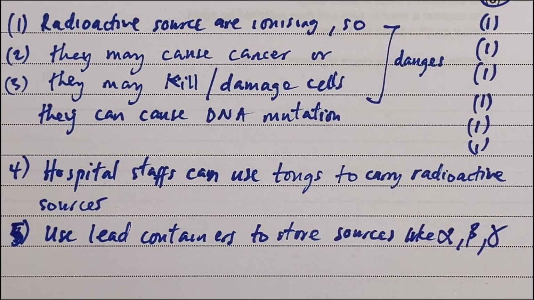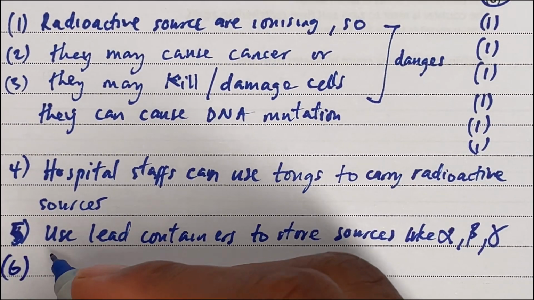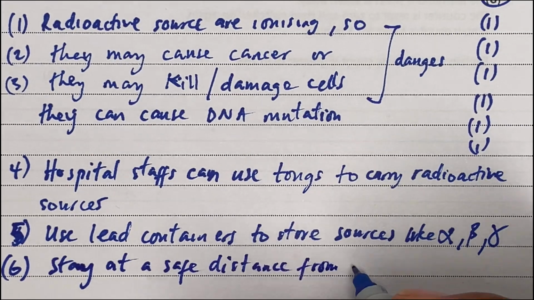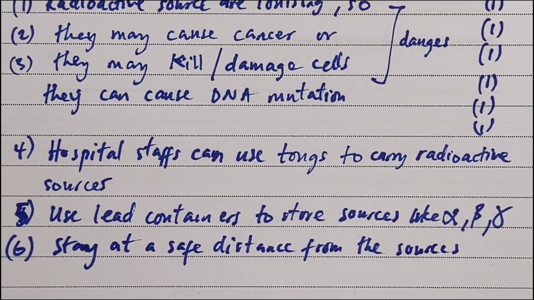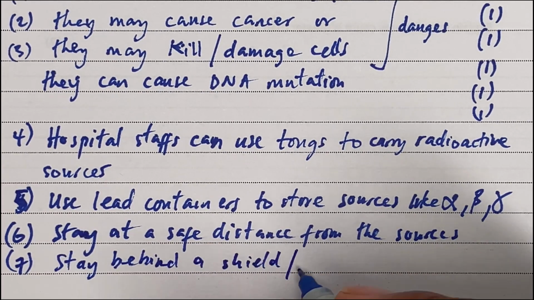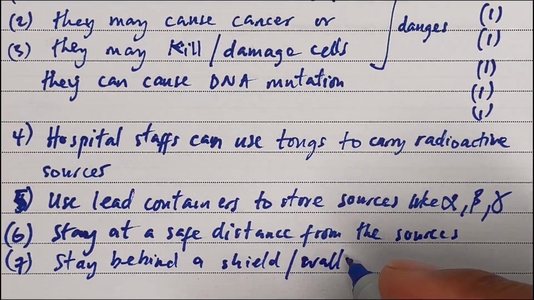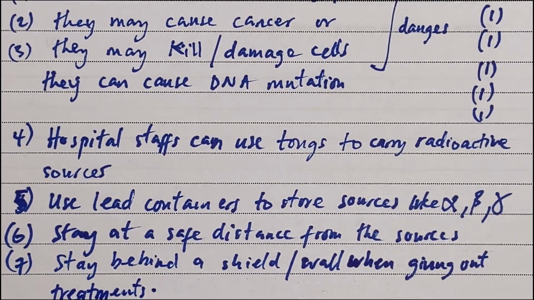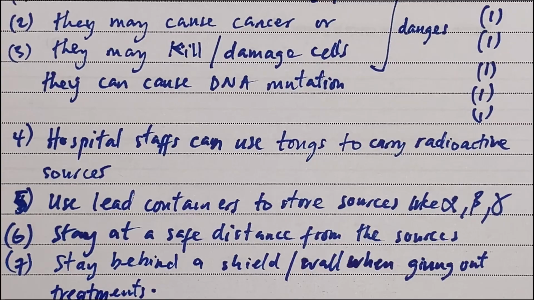Lead can stop all 3 of them. Another way could be to stay at a safe distance from the sources. Another way could be to wear or stay behind a shield or wall when giving out treatments. There are many things that we could say for protection, so choose any 3 and write.